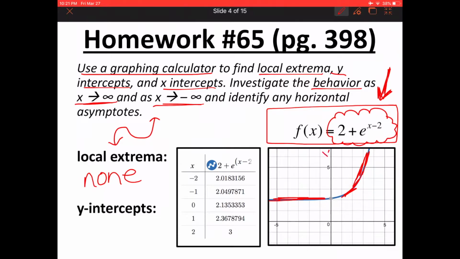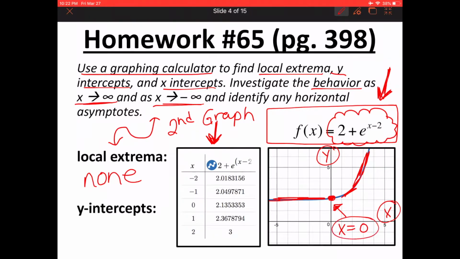For y-intercepts, here's my y-axis, here's my x-axis. I do have a y-intercept right here. So make sure, even though it looks like you might be able to tell me what it is just from the graph, make sure you go to the table. So hit second graph, and second graph will take you to the table. And remember, that y-intercept is going to take place where x equals 0.